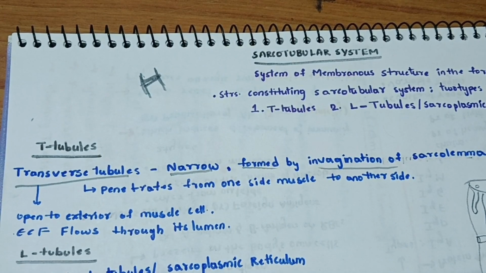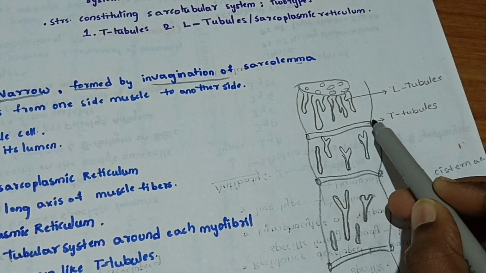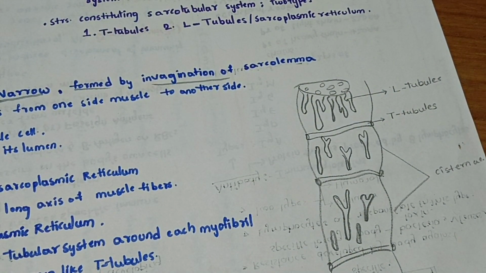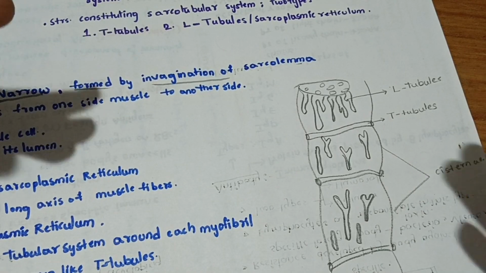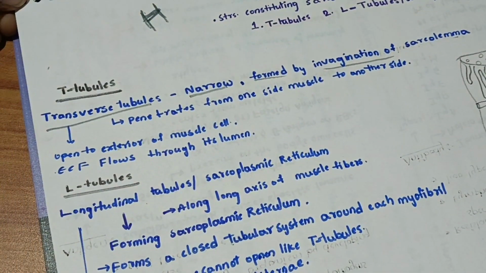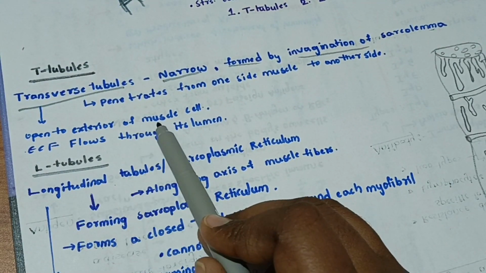So how is the transverse tubule formed? By invagination of sarcolemma. Here you can see this is the transverse tubule. What is sarcolemma? It is the membrane of the muscle fiber. The tubule is open to the exterior of the muscle cell.